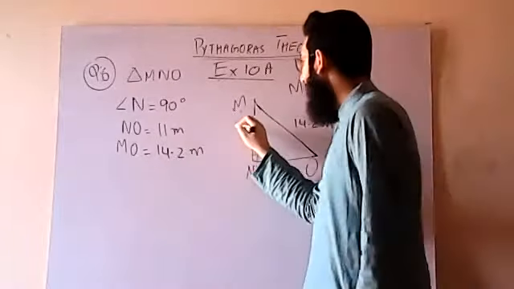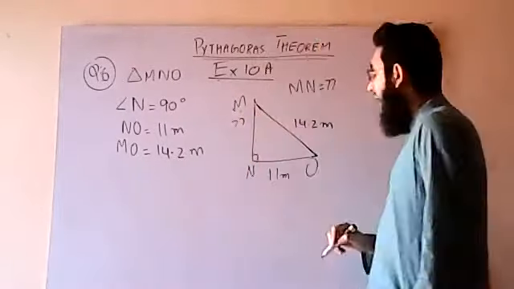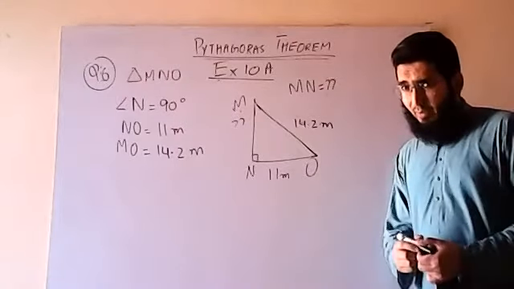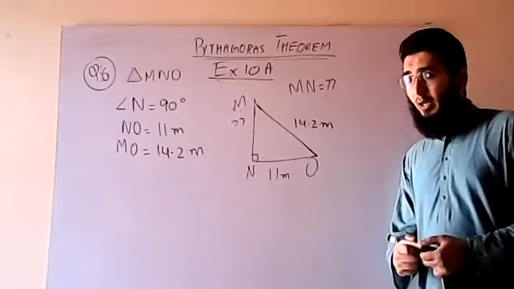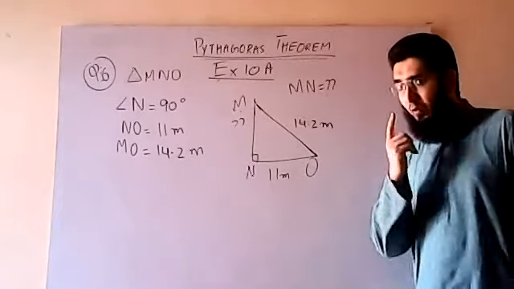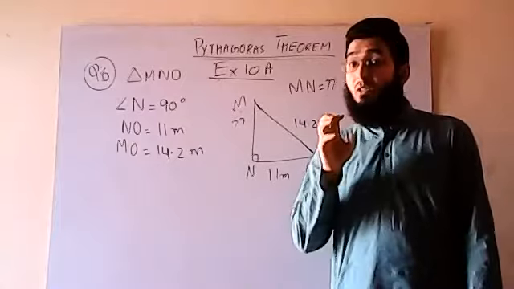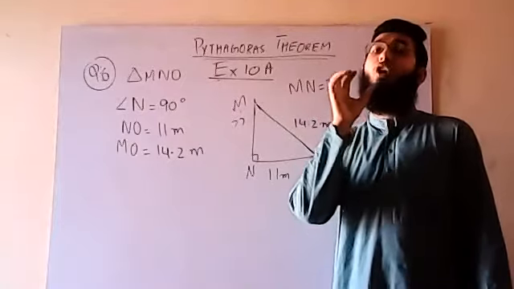He is asking me MN. Now, what is he asking me? Is he asking me the hypotenuse? Is he asking me the perpendicular or the base? Now, the very first major important step to solve a Pythagoras theorem question is to figure out what the hypotenuse is.